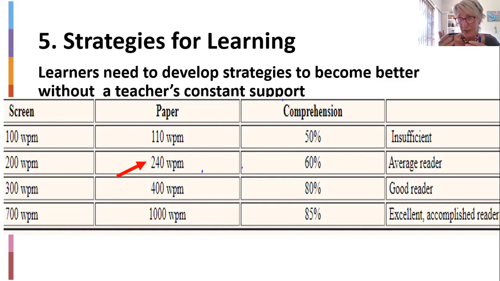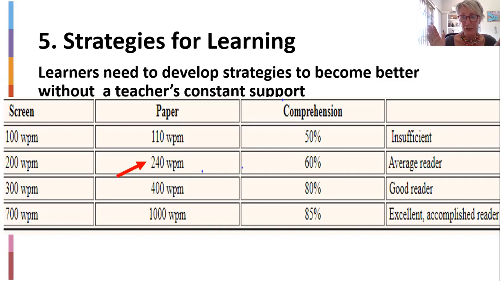Isn't that amazing? The faster you read, the more you understand, and you are classified as a good reader. Okay, so if you speak at 300 words a minute, you can comprehend more, 80%, and you'd be classed as a good reader.